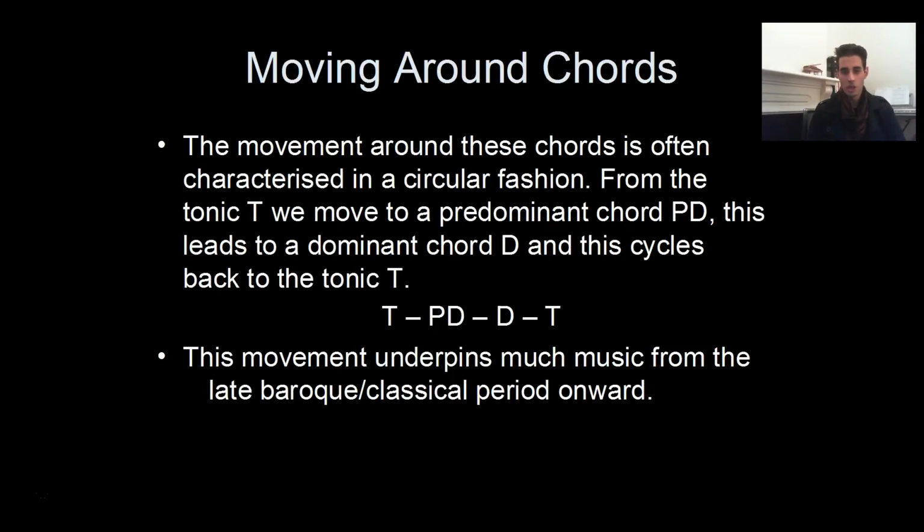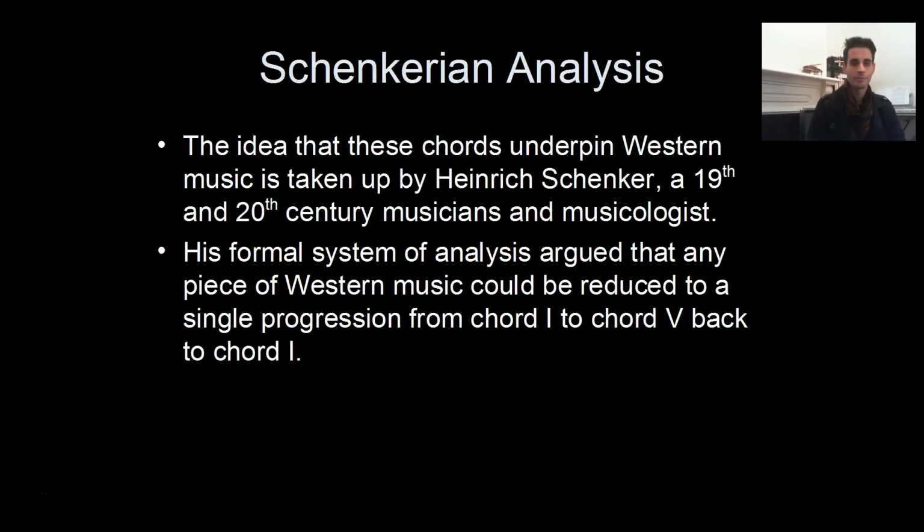We'll move then to a predominant chord or predominant chord area. The predominant chord can be a number of chords, and this of course leads back to the dominant, and this cycles back to the tonic. So this is our canonic relationship between many of these chord areas.